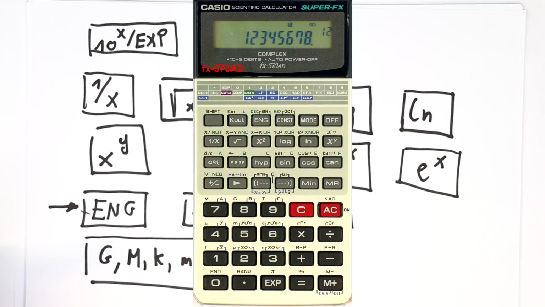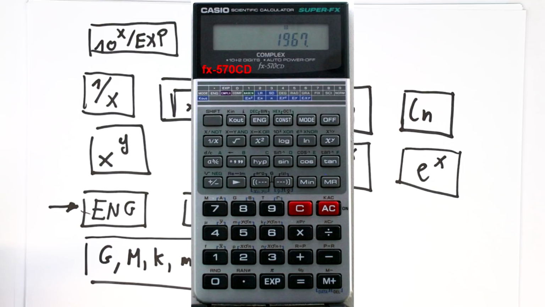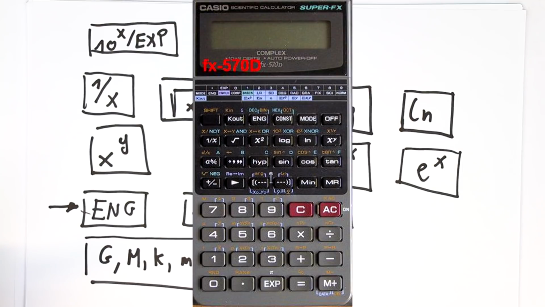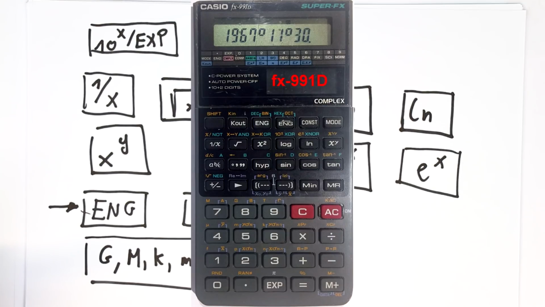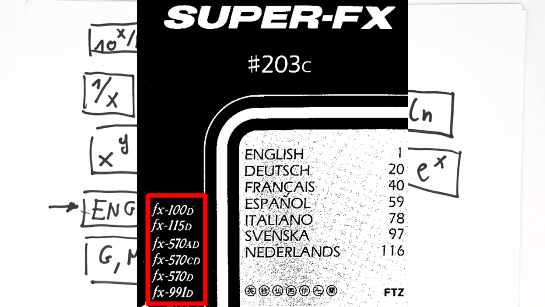570AD, 570CD, 570D, and 991D. And you should Google or search on eBay for exactly one of these types.